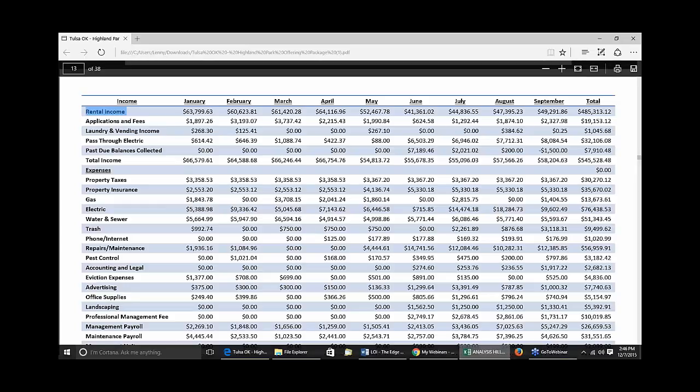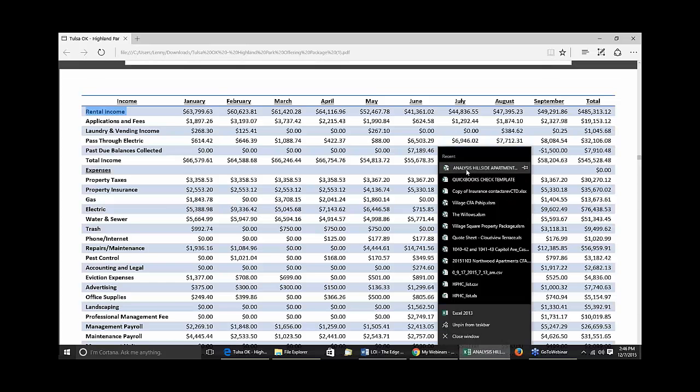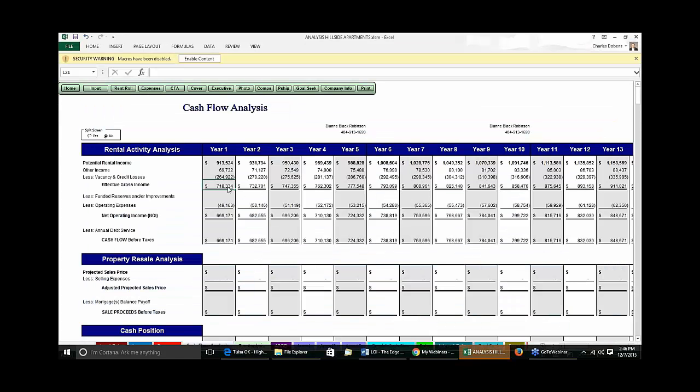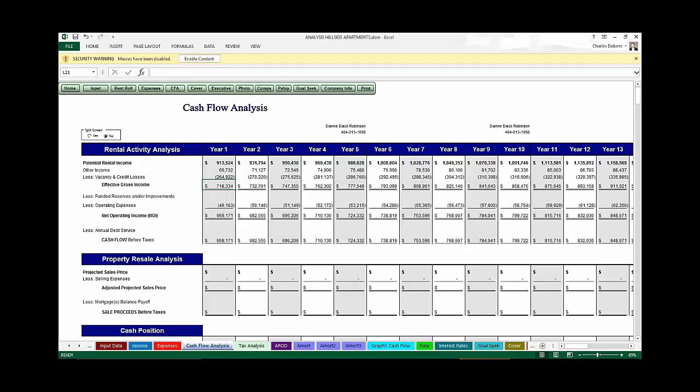And what do we have here in our analysis? 726, and we're at 718. So we're kind of close. We're off by about $8,000.